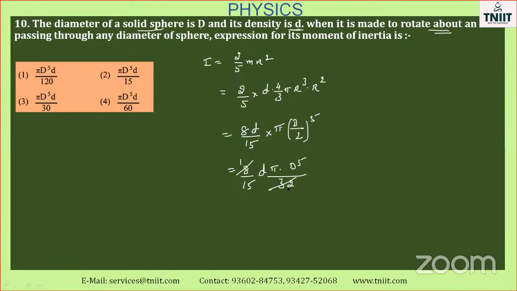So 8 1s are 8, 4s are 32. So pi small d into d power 5 by what is 15 into 4? 15 4s are 60, right? So pi d power 5 divided by 60. So option 4 is the right answer, Roslyn.